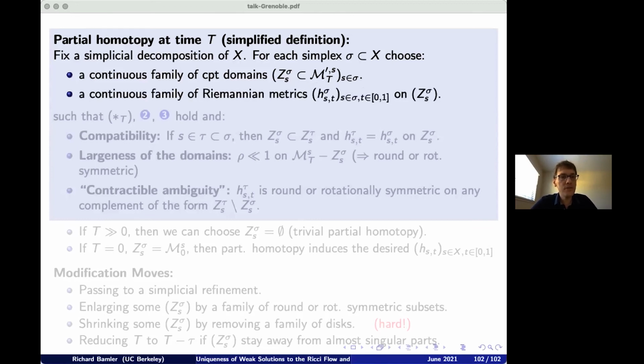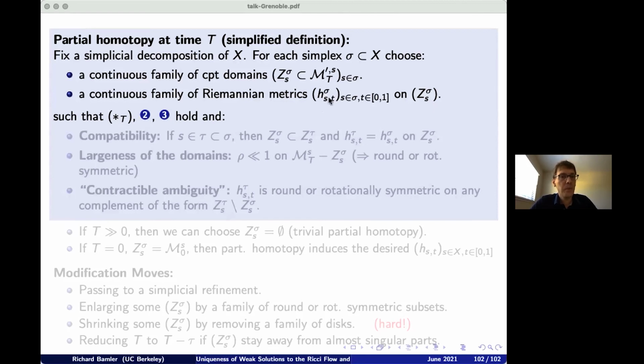And then, instead of choosing a continuous family of Riemannian metrics on M, we're now choosing continuous families of Riemannian metrics H sigma S T, where S is only taken out of sigma. And we're going to choose these metrics only on C sigma S, not on the entire manifold. And so now it's possible to make sense of these conditions.